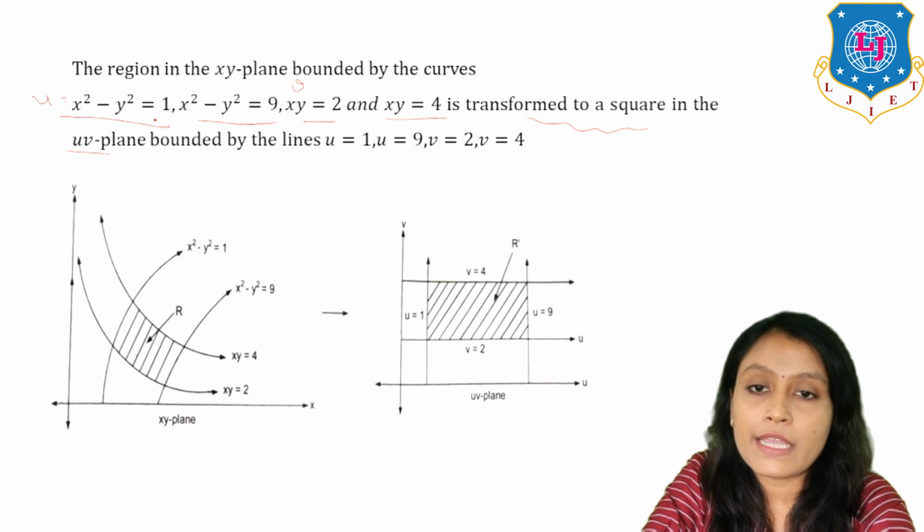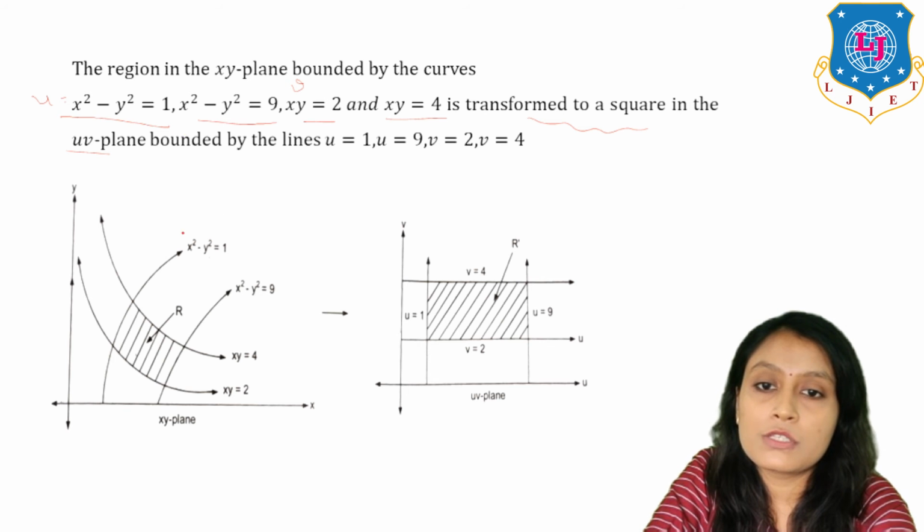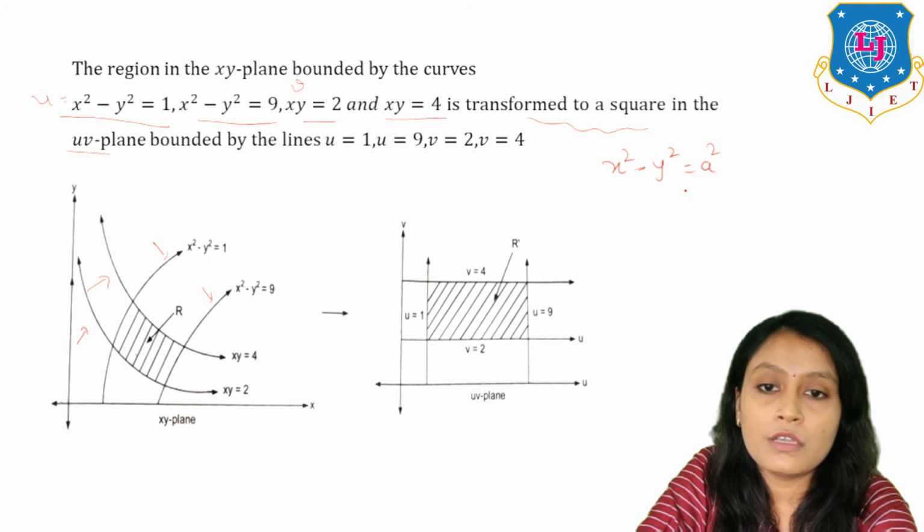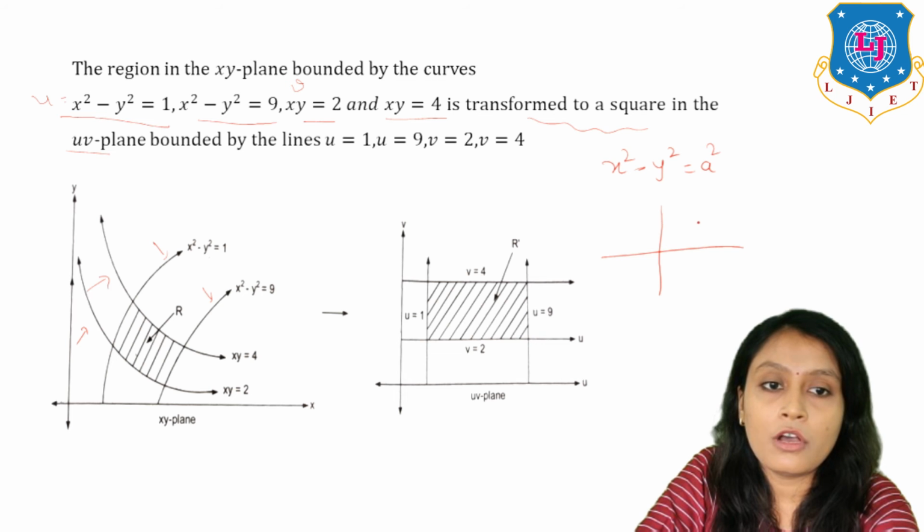Now firstly we will draw the graph. So the graph of x² − y² = 1 is drawn here. The graph of x² − y² = 9 is here. The graph of xy = 2 is here, and the graph of xy = 4 is here. So if your graph is in the form x² − y² = a², the graph will be on the x-axis like this.